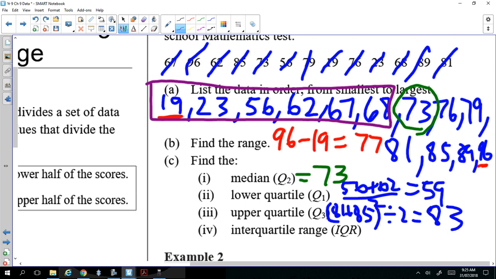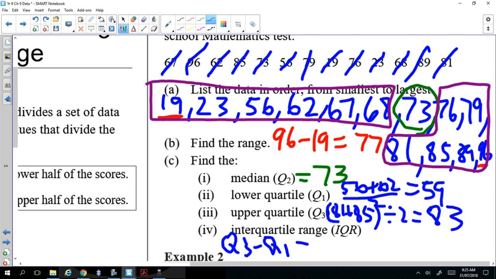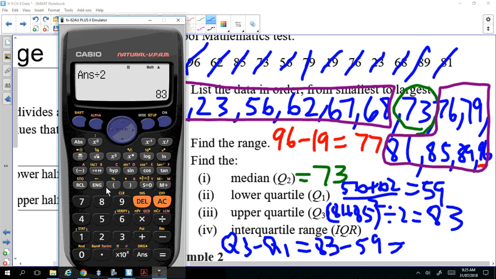And one last bit, what's the interquartile range? Q3 minus Q1. What's Q3? 83 minus 59. Use your calculator. 83 minus 59 equals 24.